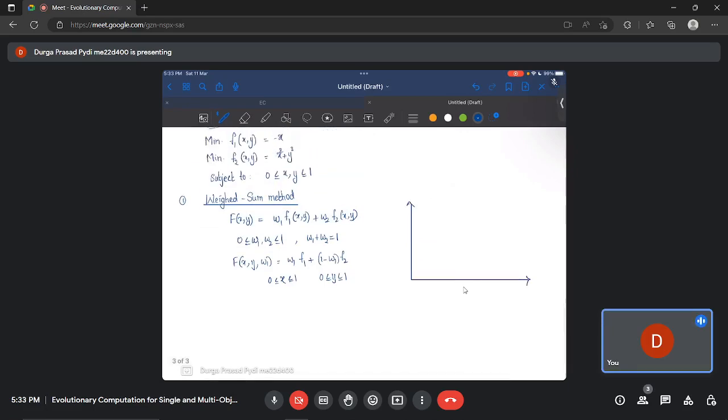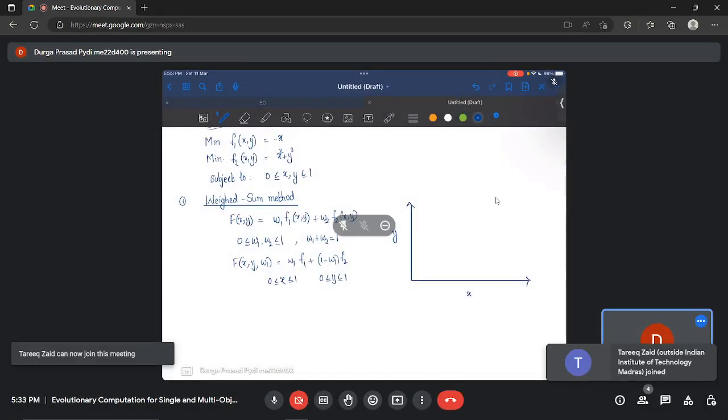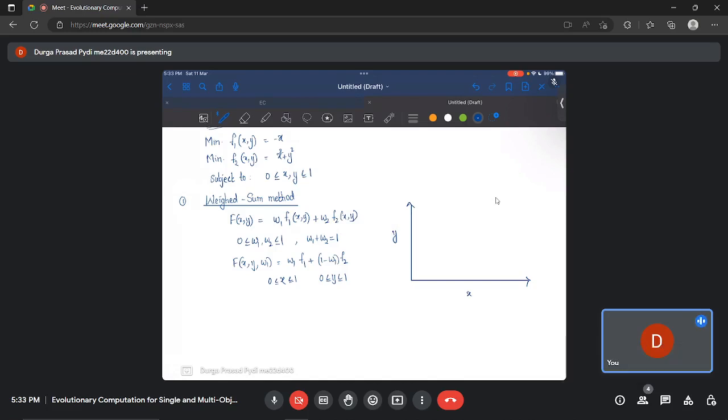If you just want to plot the contour plots, say this is my x and this is my y. The contour plots for the first function f1, which is essentially x equal to some constant, will be some vertical lines.